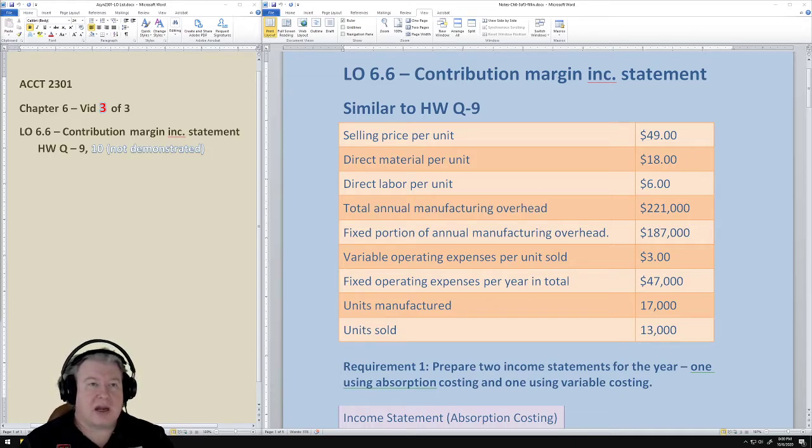And then operating expenses. If you remember, operating expenses were typically things that we called period costs in the previous chapters: things that did not have to do directly with manufacturing, but were still costs that we incurred during the period.